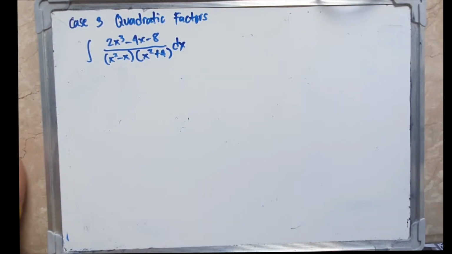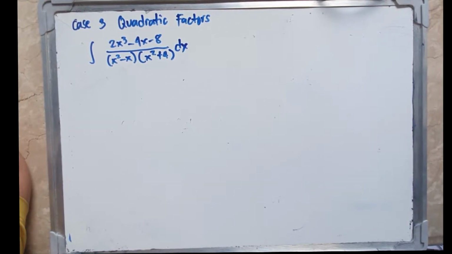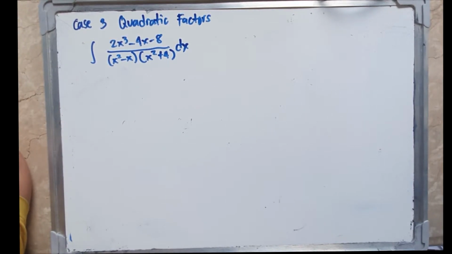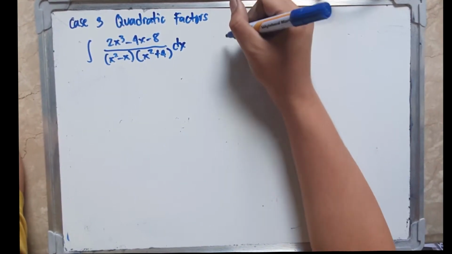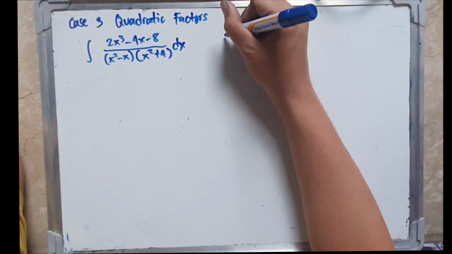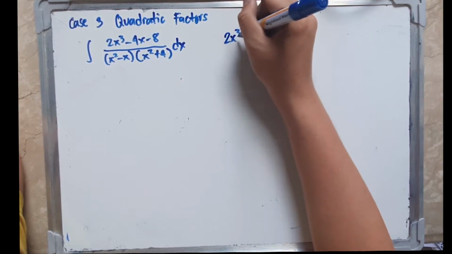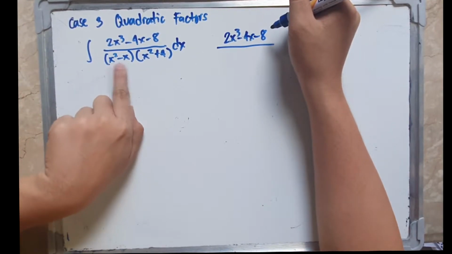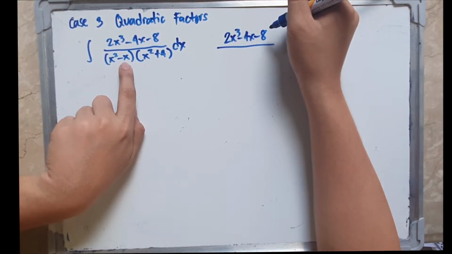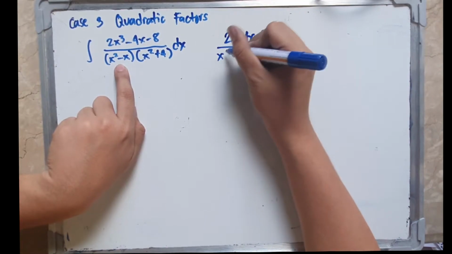Okay, so case number 3, we have the integral of (2x cubed minus 4x minus 8) over (x squared minus x) multiplied by (x squared plus 4) dx. Let's have the algebraic process first. Using partial fractions, we have 2x cubed minus 4x minus 8 all over, as you can see, this part right here, we could factor out x.